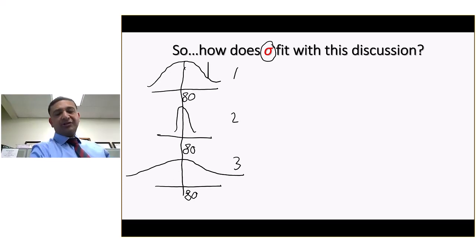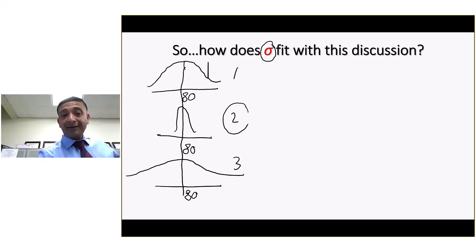When all of this is done and dusted, when I go back after teaching this class, which one would I go back with a happy face, knowing that I've done my part? You got it right. It's this guy. Why? Because here my data points are very close to the mean. They are shrunk closer to the mean. The biggest difference between these three pictures that you see is the spread around the mean.